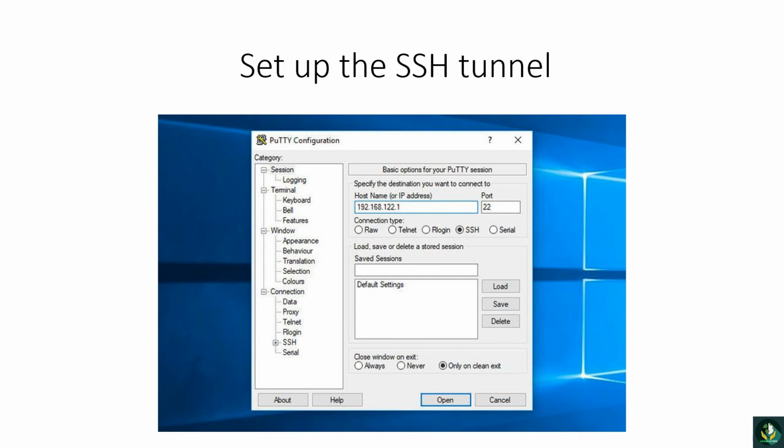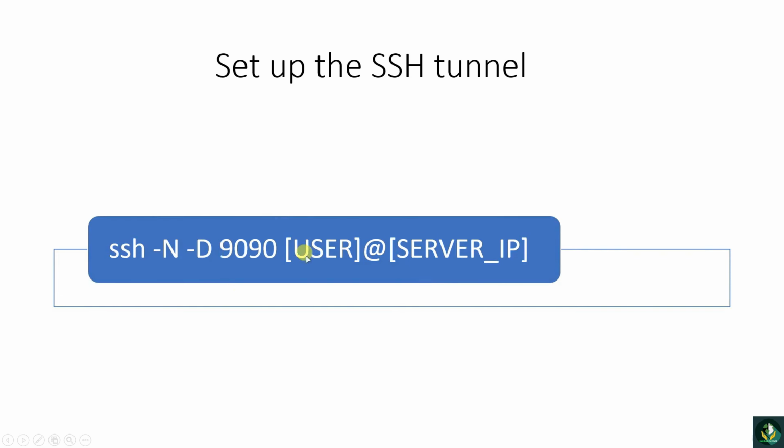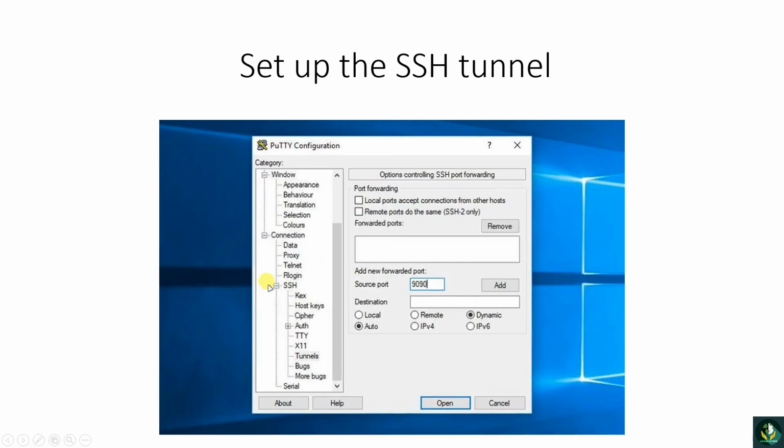Under the connection menu, as you can see in this sidebar, expand SSH and select tunnels. Enter the port 9090 in this field, as previously defined. Select port 9090 in the source port field and check dynamic.